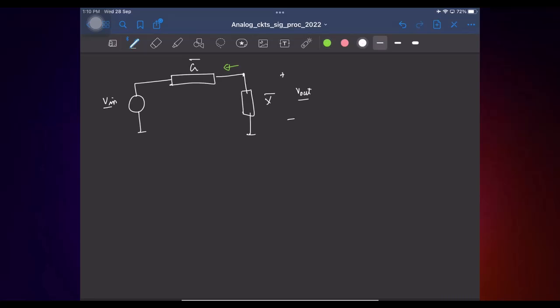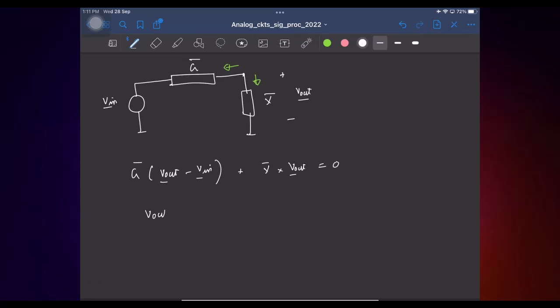This is a matrix, so be careful with which product comes first. So this will be G times V in minus V out, plus this current which is basically Y times V out, equals 0. Now we can find what is V out.